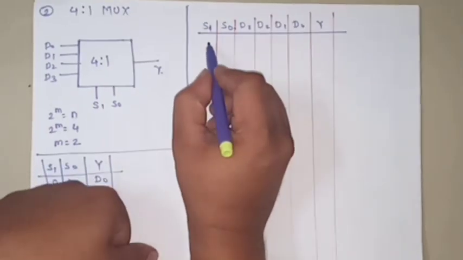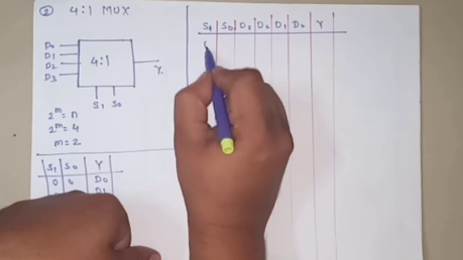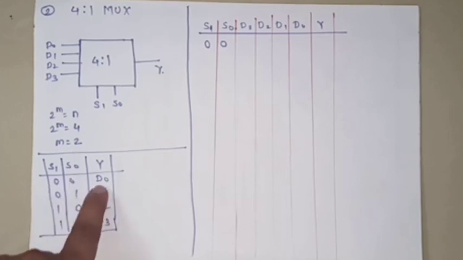Suppose initially the value of S0 and S1 is 0 0. We know that when the select lines are 0 0, we get D0 at the output.